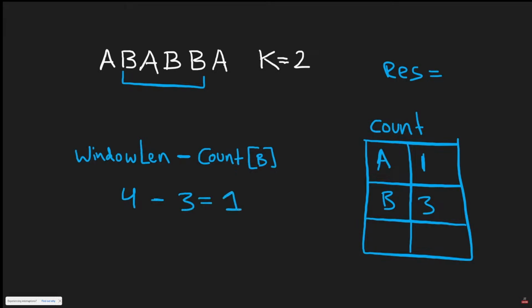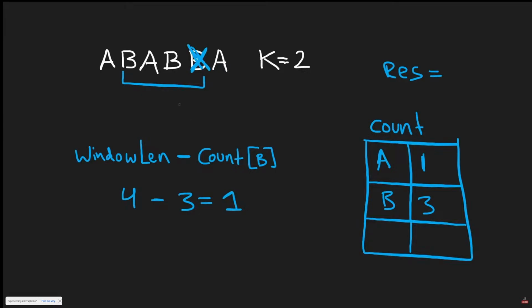Now, what does this value 1 tell us? It tells us the number of characters in our window right now that we need to replace in order to make it match the most frequent character B, right? We have a B here. We want everything to match a B. In this case, we only have an A, but it could be possible, who knows, that we would have a C over here, or an X over here.